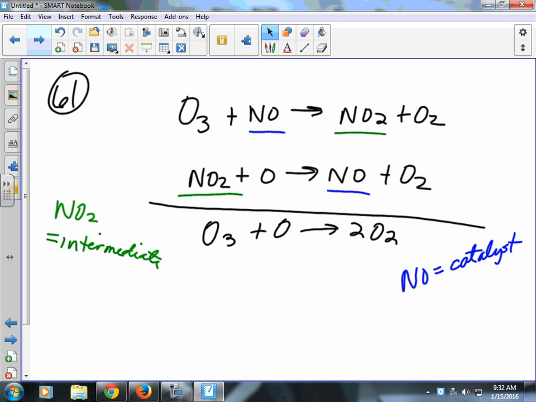What is the ratio of the rate constant for the catalyzed to the uncatalyzed reaction at 25 degrees C? That's kind of a weird question. Assume that the frequency factor A is the same for each reaction.